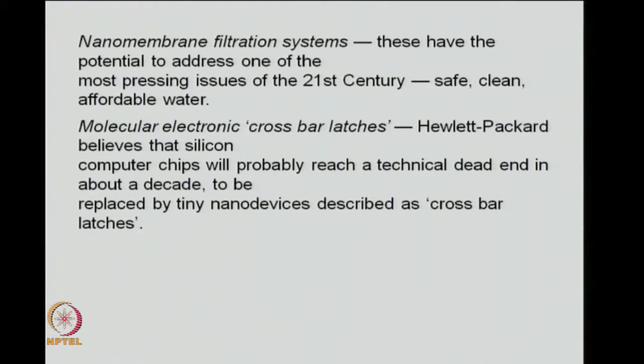In nanoelectronics, people are expecting that the silicon based computer chips, which is reaching its peak or maximum that can be achieved using silicon chips, has nearly come to its peak, and so we need to find new devices, and some examples of nano devices based on what are called crossbar latches are being developed by Hewlett Packard in the United States.